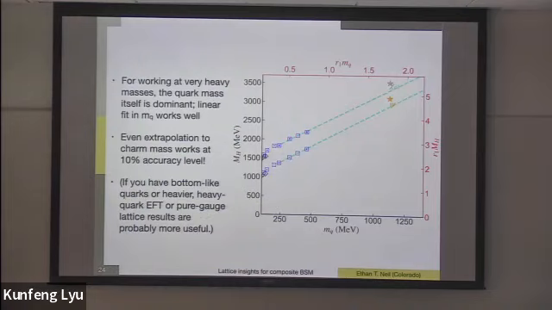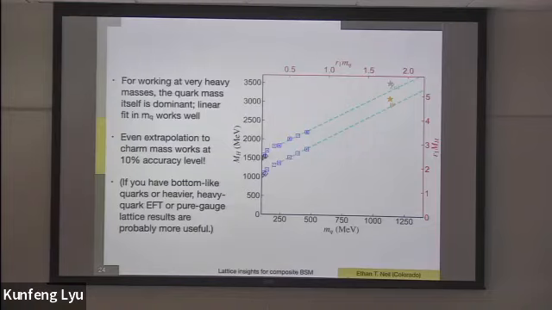If you really have only bottom-like quarks or heavier, only extremely heavy quarks in your quark equivalents in your DSM model, probably you want to use pure lattice results from the analog of heavy quark effective theory. But up to something comparable to the charm mass, these collected results that we have work pretty well.